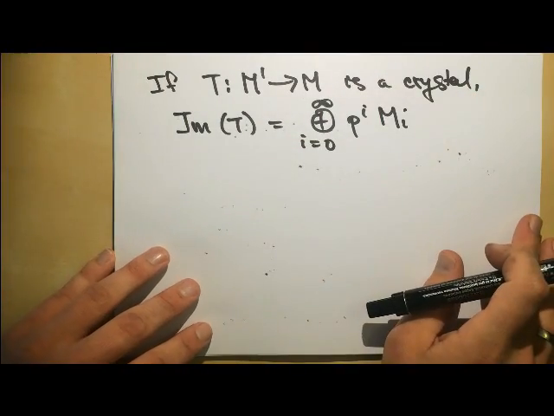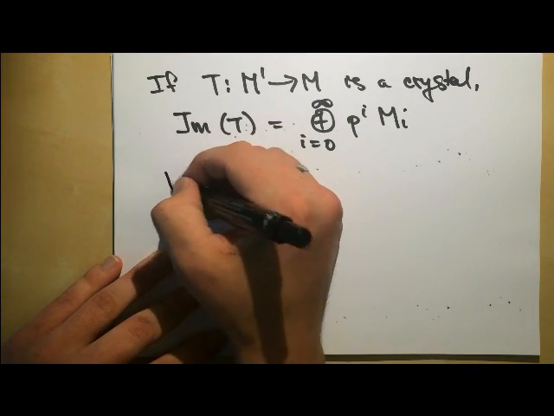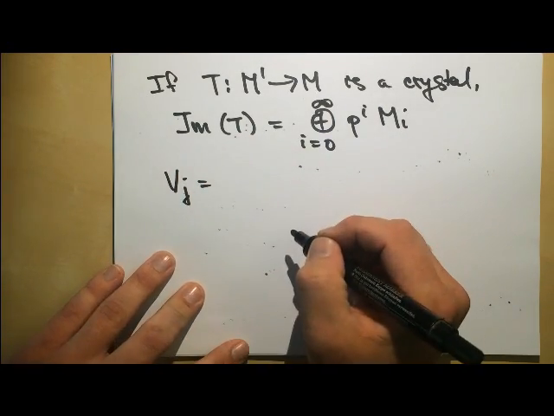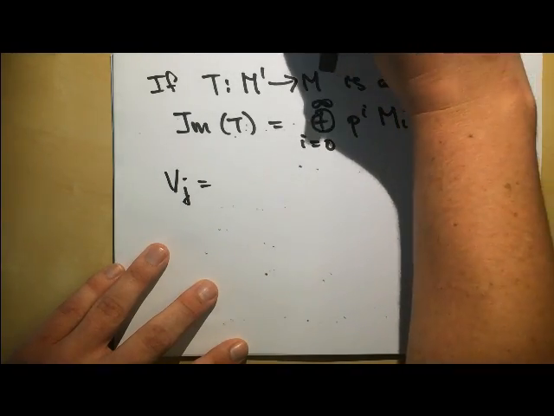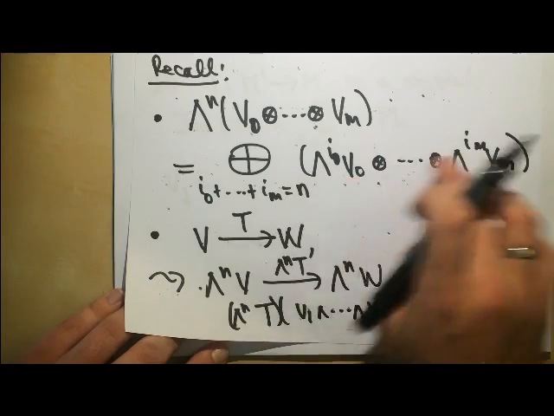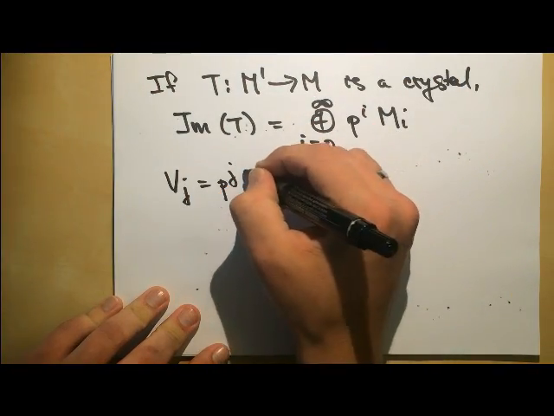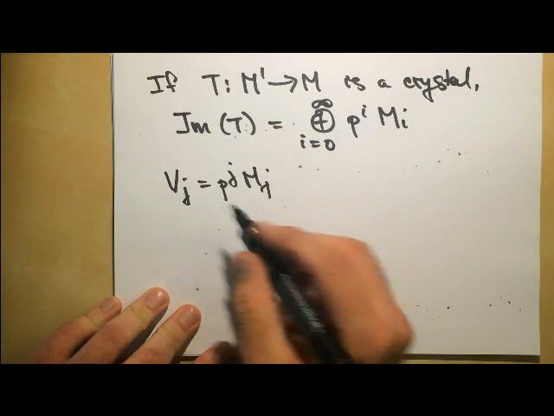So what does this mean? If we take v_j to be equal to p to the j m_j in this formula, what does this tell us?